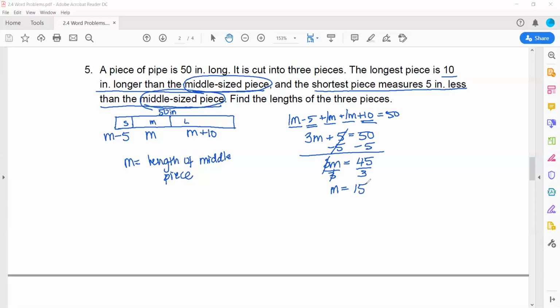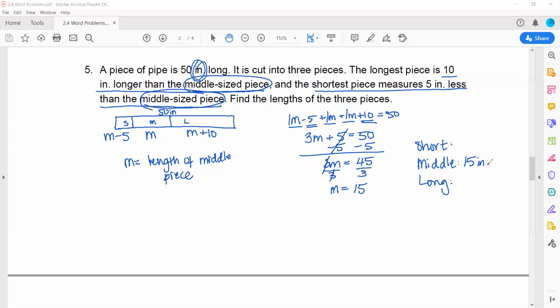That's not our final answer. We wanted the length of all three pieces: the short piece, the middle piece, and the long piece. Make sure you're labeling the lengths. We want to know which one's short, middle, and long. The middle one we know is 15, and we want to include the unit, so it's 15 inches.